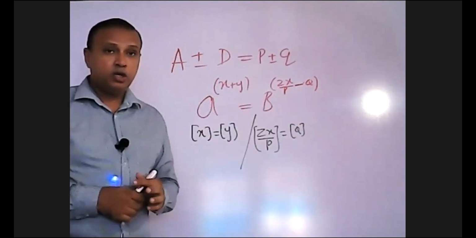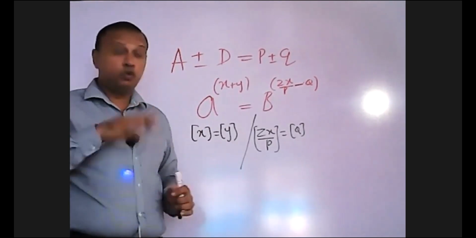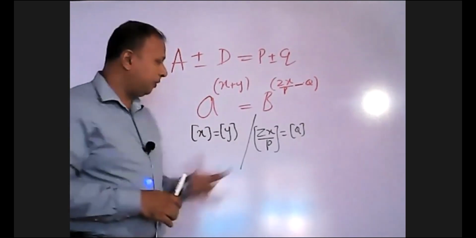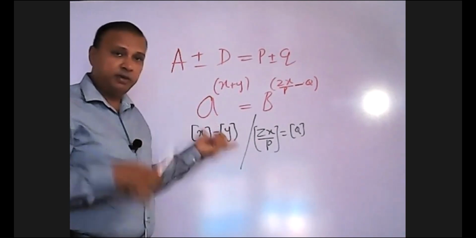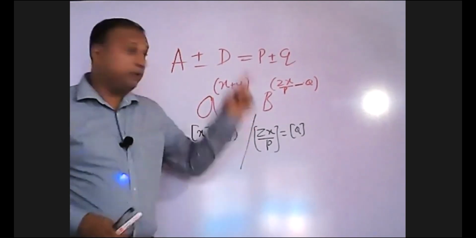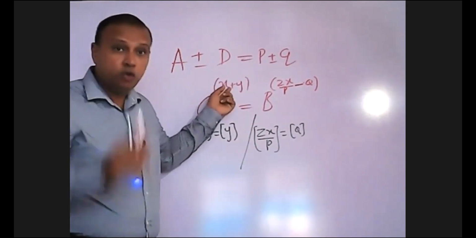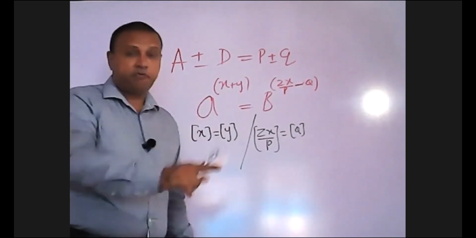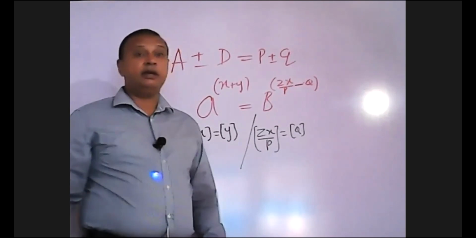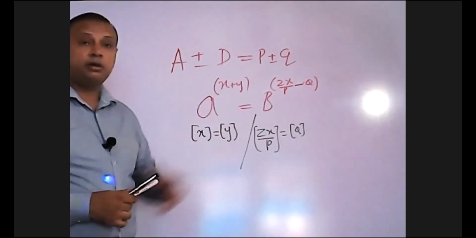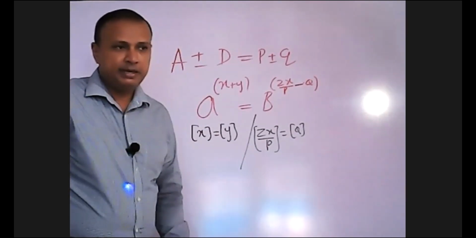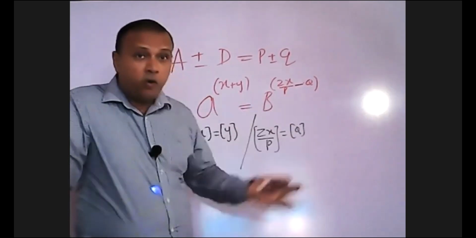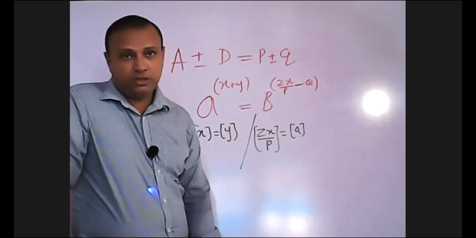A power should be a number. Not the base. The base can be any physical quantity, but the power should be a number. So if there's a power, the dimension of the power is equal to 1, or it has no dimension.